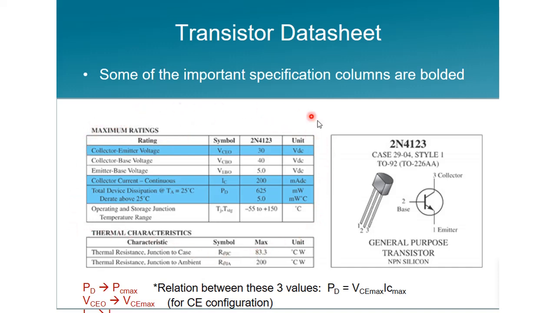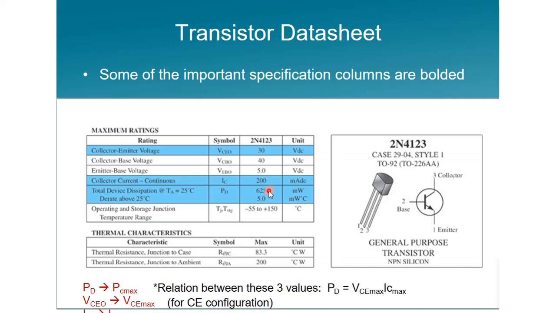For the maximum rating, these are values for the limits of operation, where PD is actually the PC maximum. PD you can get here. PD is actually PC maximum. This is the total device dissipation. So the value for this one is 625 milliwatt.